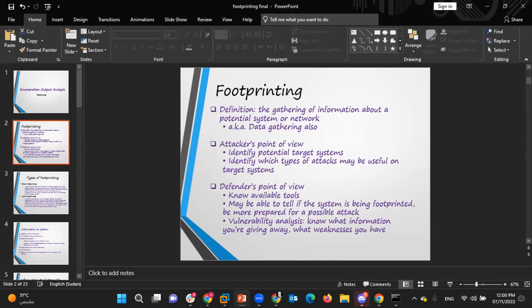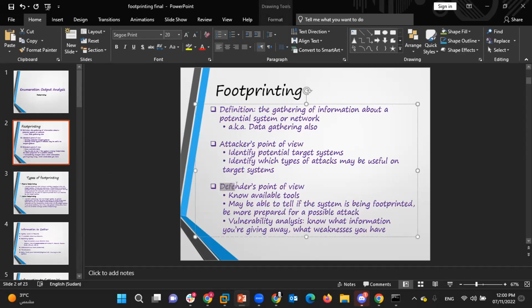Here, the defender points. For now we can talk about the defender points for fingerprinting: to know available tools to be able to tell if the system is being footprinted. Defenders use footprinting. Why? To know about available tools, to be able to tell if the system is being footprinted, and be more prepared for a possible attack.